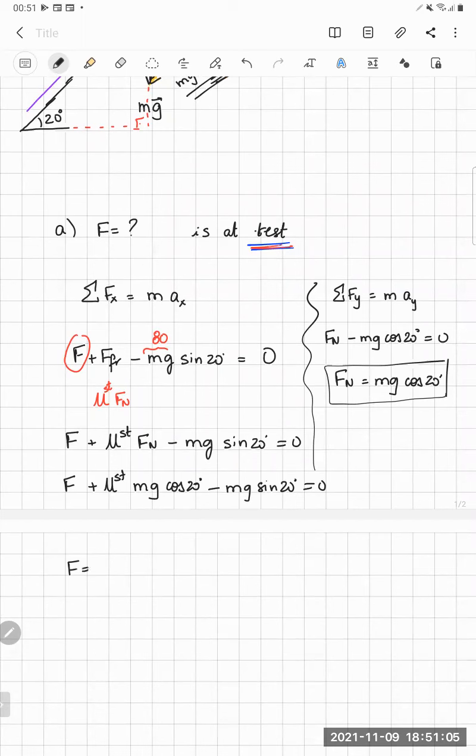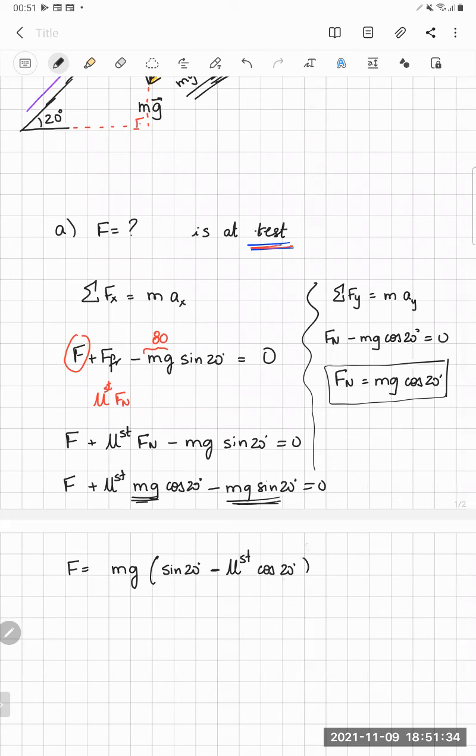So what is this force? It is mg. Okay, I'm putting everything on the right side. First, I'm putting this term here, so mg sine of 20 degrees, okay? Minus, I'm going to put this part here on the right side, it becomes minus, so minus mg, then I have the coefficient of static friction and cosine of 20 degrees.